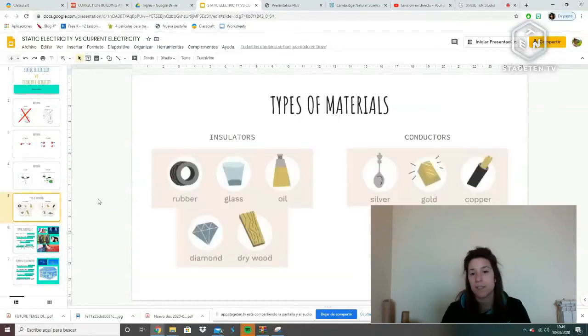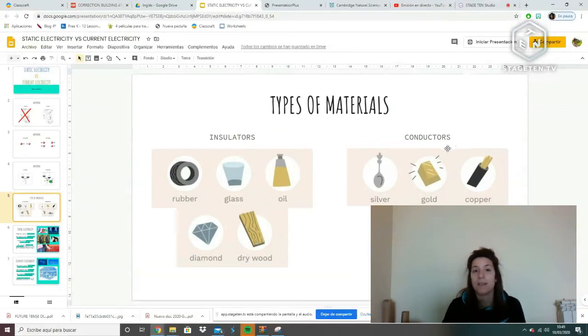And the last concept we need to understand is the difference between insulator materials and conductors, okay? Insulators are materials that do not conduct electricity. For example, rubber, glass, oil, diamond that is made of carbon, or dry wood, all right?